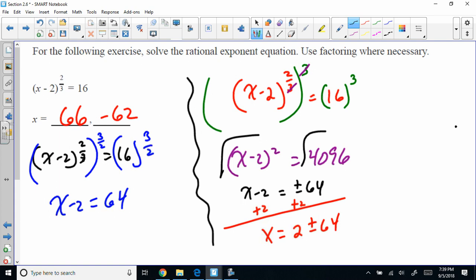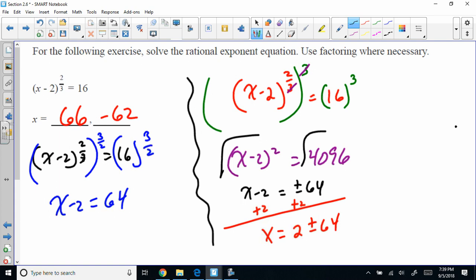Or in your calculator, you can take 16 raised to the parentheses 3 divided by 2, close parentheses, enter, and it'll give you 64. So your calculator can do that as well. And when you get x minus 2 equals 64, you get the same exact thing as we got in the black and the red. Fair enough? Both are correct.